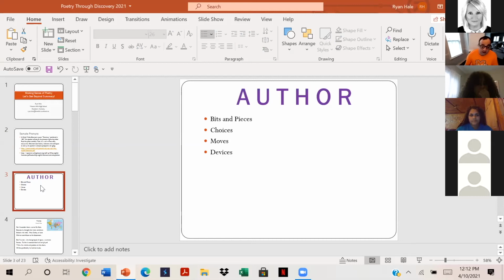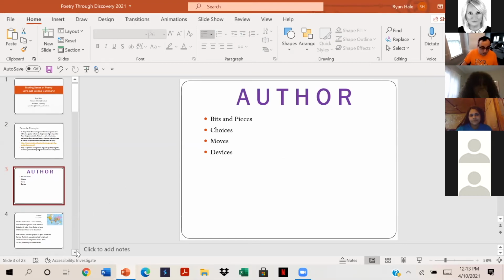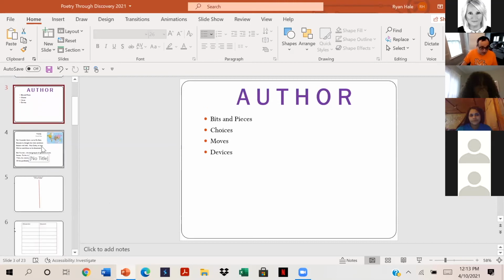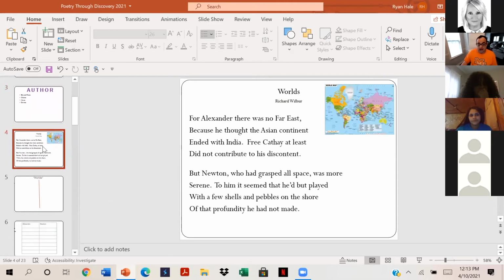But if I'm talking about how an author chose to characterize or portray or illustrate something, then more than likely I'm in analysis. So when I'm talking about the author, what bits and pieces, what choices, what moves, what devices has the author used? You might get a poem on the AP exam, and I hope not, but you might get a poem and you might say, I have no idea where to start.